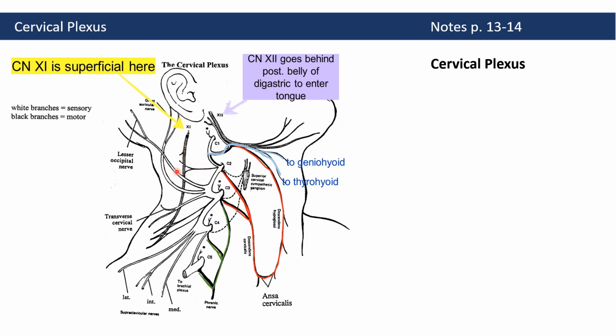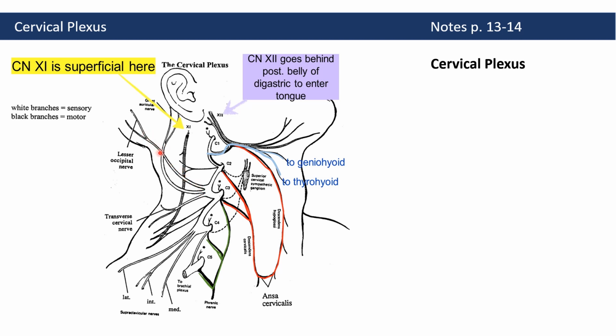There are also these cutaneous branches that emerge posterior to the sternocleidomastoid and then go to different spaces on the lateral neck. The first is the lesser occipital nerve.